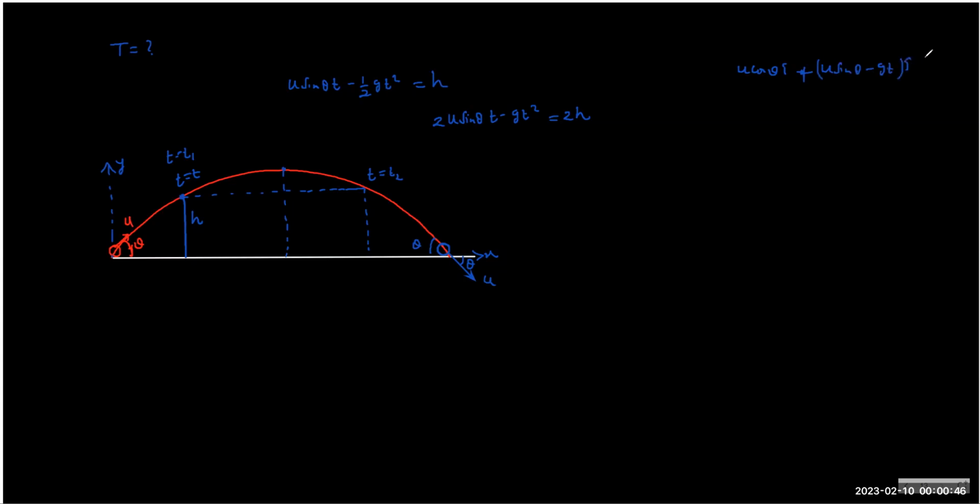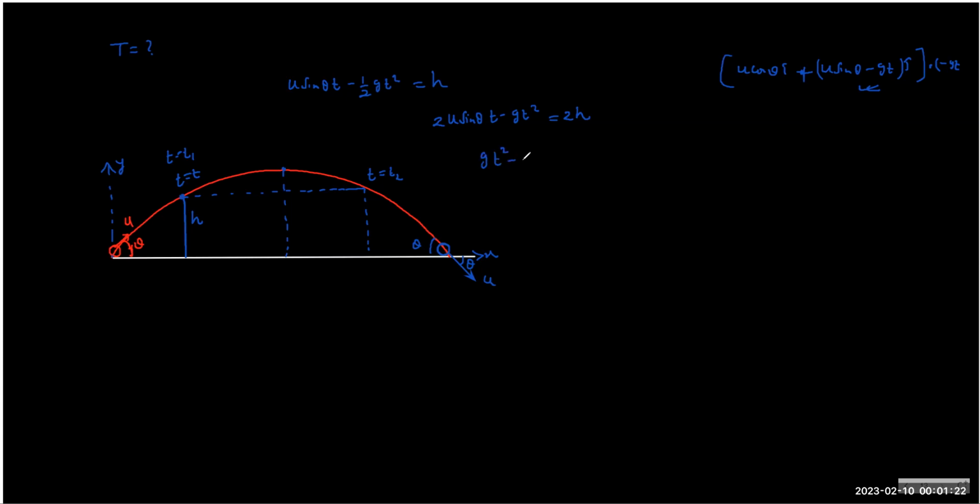And when you dot this entire thing with minus g j cap, we must get 0 at the highest point for t. So instead we can just make this term 0. That's right. At the highest point, the vertical component is 0. That's the definition of maximum height. So it's the same thing. When you make this 0, you get the same answer. But that is not a convincing method.